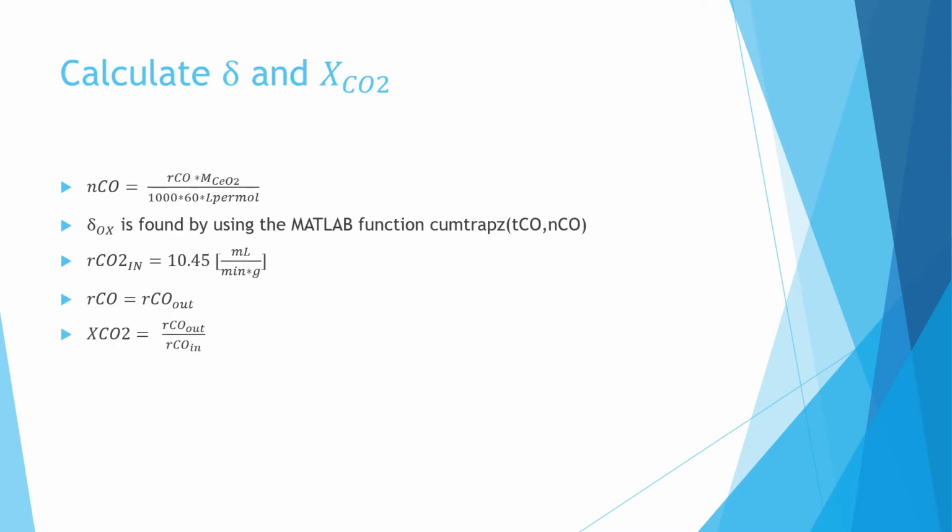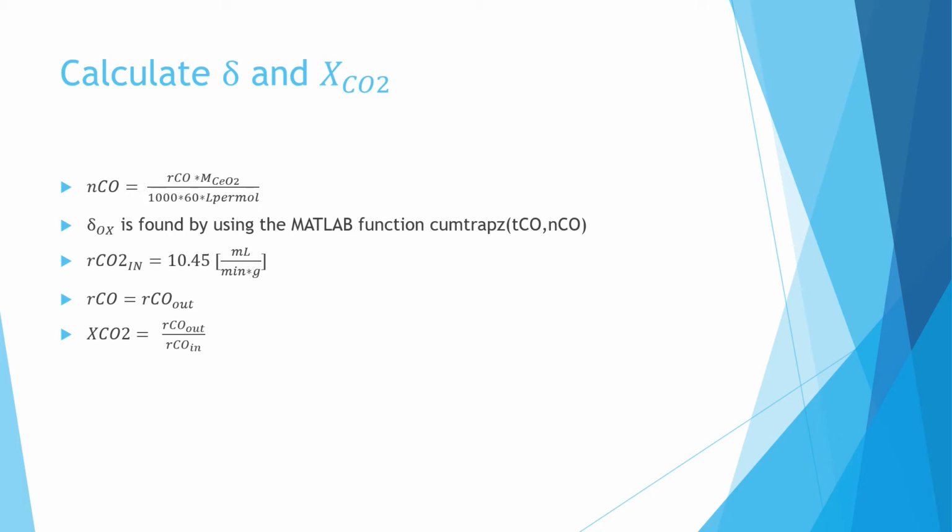We can refer to a graph that was given to us during lecture, which shows the rate of oxidation for carbon monoxide versus time. We know that the rate of oxidation for oxygen is the same as carbon monoxide, so we can use this first equation for NCO.